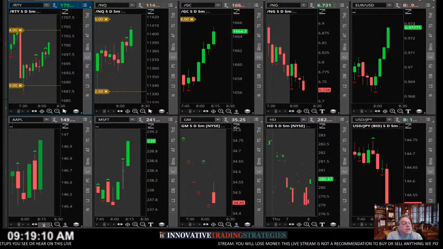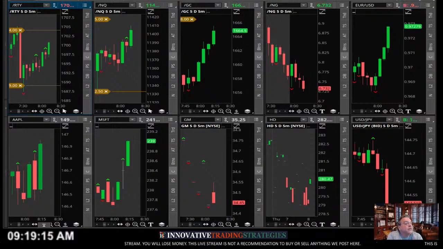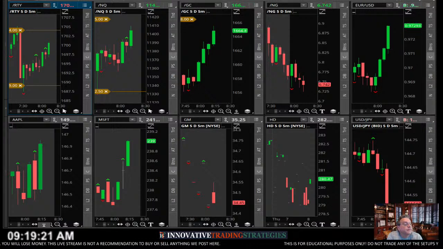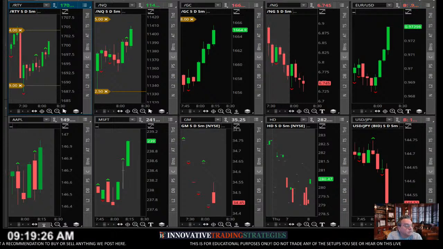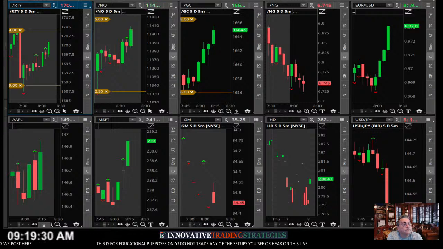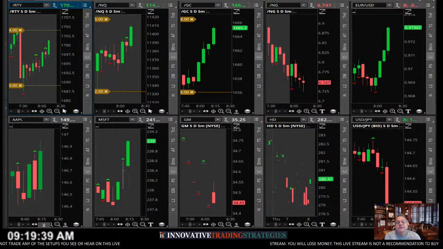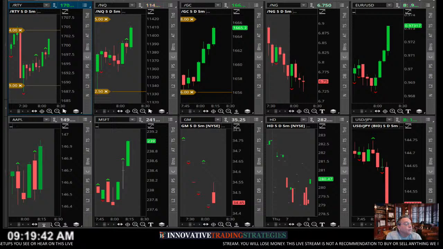Unless we hit that 1668 first, we're going to reverse down here at 1656. So I like this gold trade. This is what we call an HF1 setup pattern. I like it on gold.